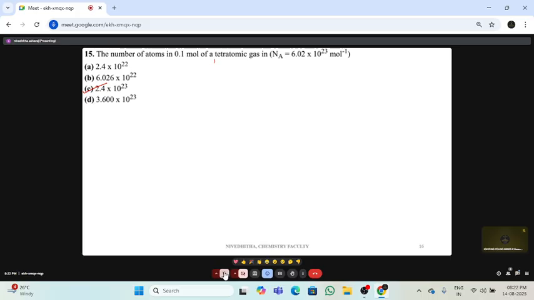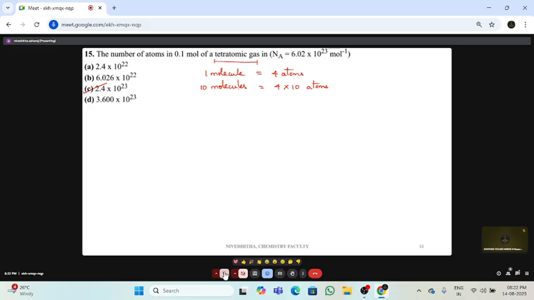They're talking about tetraatomic gas. So what does it mean? One molecule of gas contains four atoms, which means 10 molecules contain how many atoms? 10 molecules contain 40 atoms, which is 4 into 10 atoms.